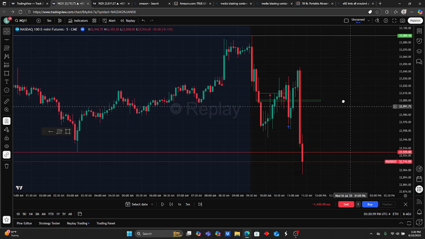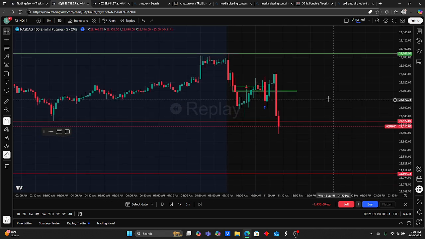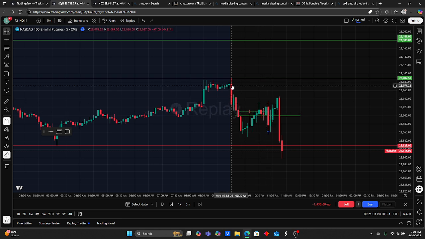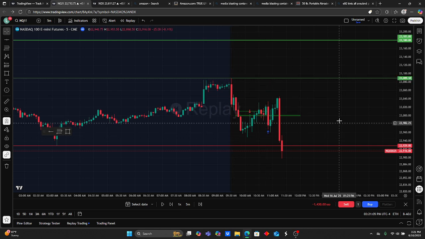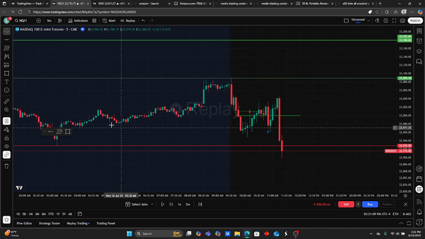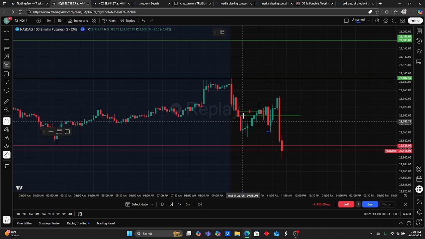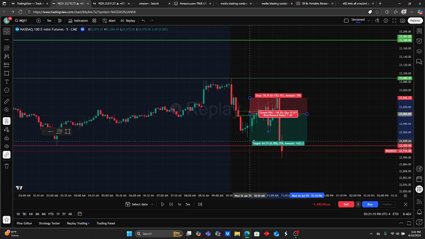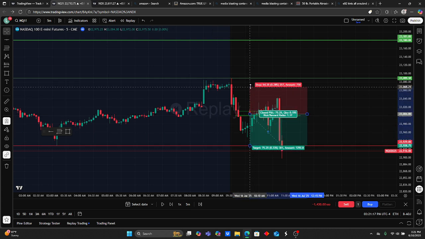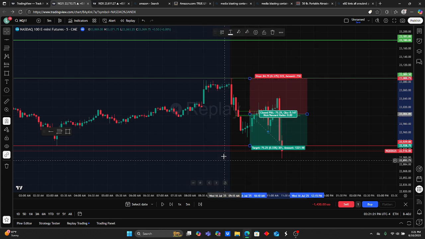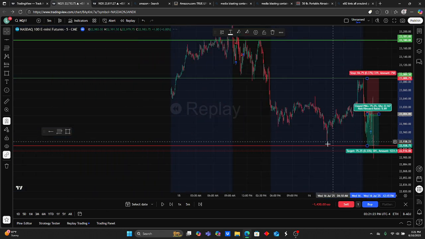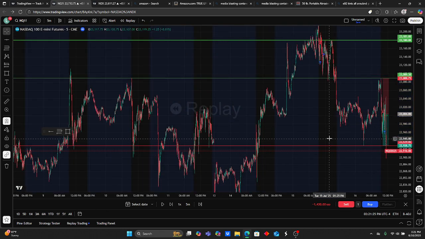So if I wanted to put stop losses, I'd have to have put them up here to this high. And let's see what that would have been. So now let's say I entered here, targeted here, stop loss is here. See, the ratio is too low.